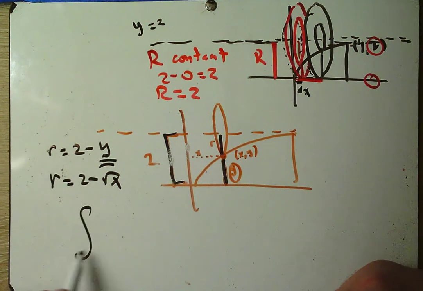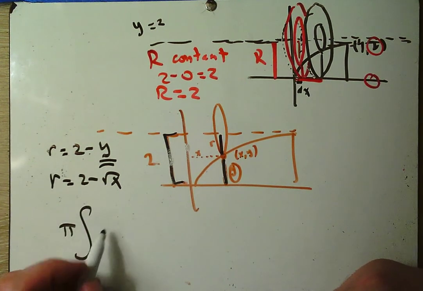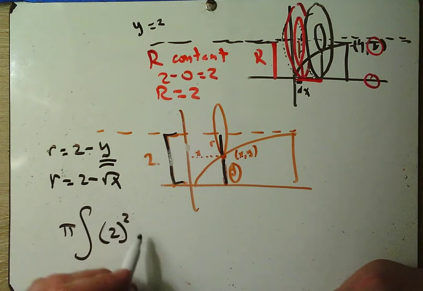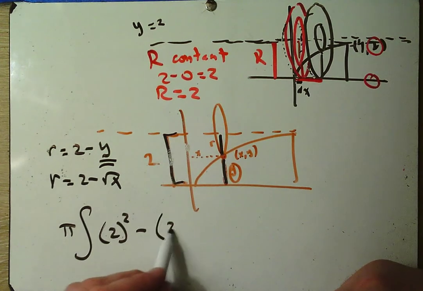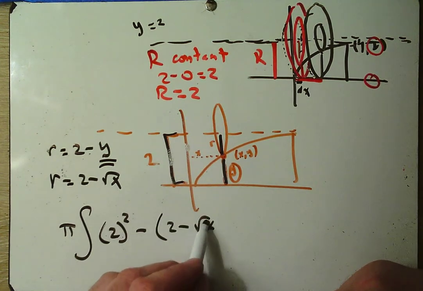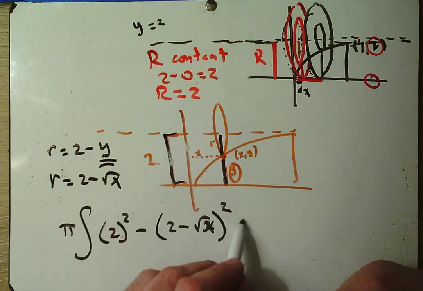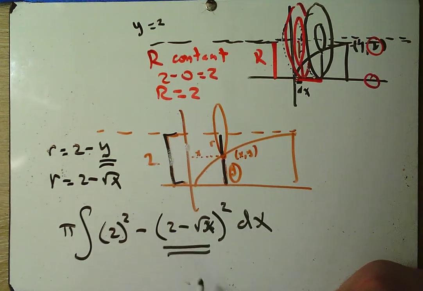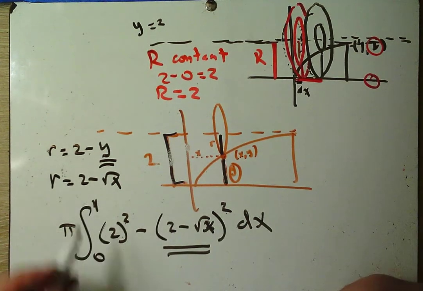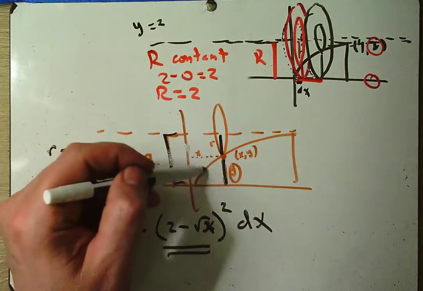Okay, so the integral then would look like pi big R squared minus little r squared. Please be careful. I would FOIL this out first before integrating. Don't combine these stupidly. This is being squared, this has to be FOILed, and we're going back to 0 to 4. Because we're integrating this way.